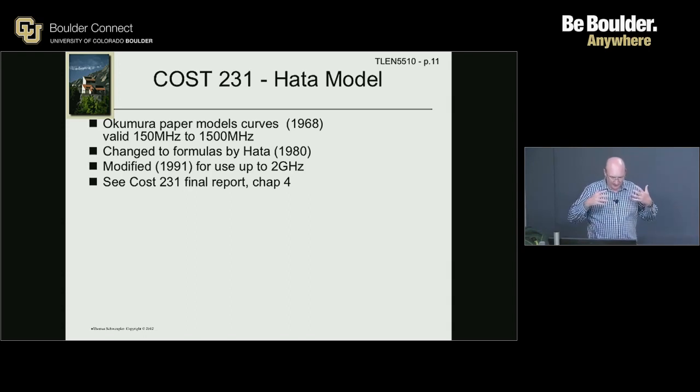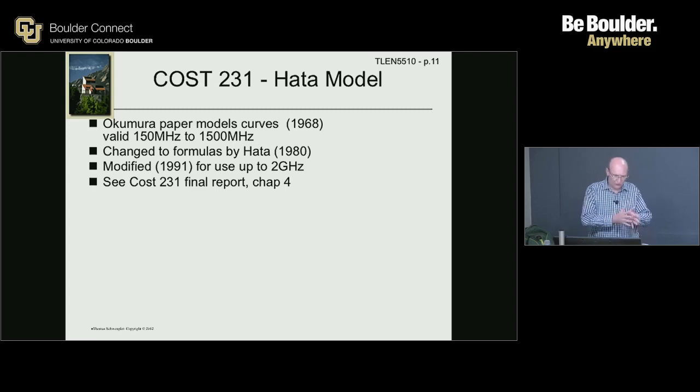Okumura came up with the original model in a paper published in 1968 that he measured in Tokyo. I forgot his frequency of measurement, but they were at the low end. I want to say 300 megahertz. I'll have to check exactly.